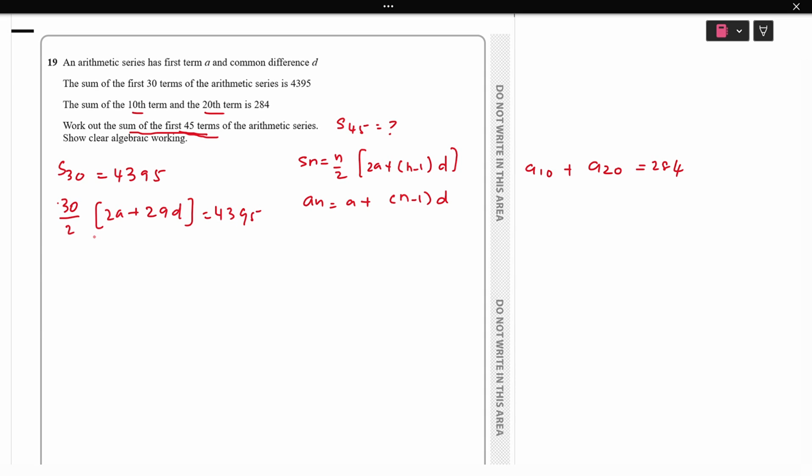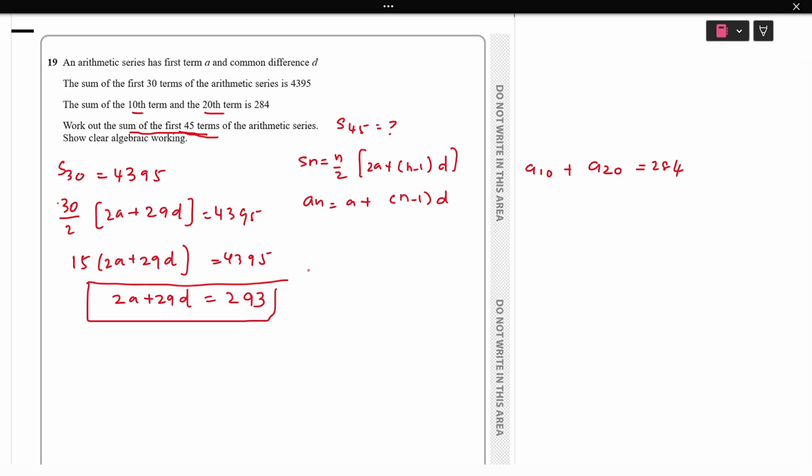So 15 into 2a plus 29d equals 4395. Next, 2a plus 29d equals 4395 divided by 15, which is 293. This is our first equation.